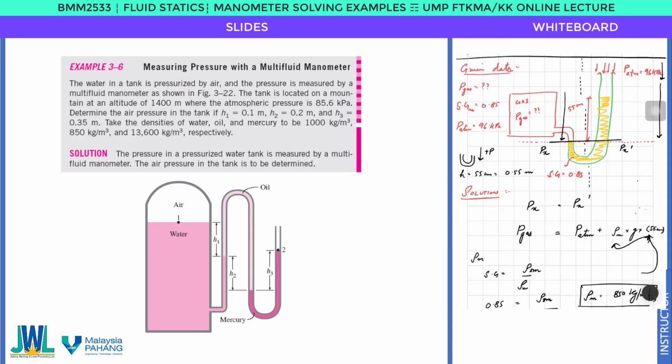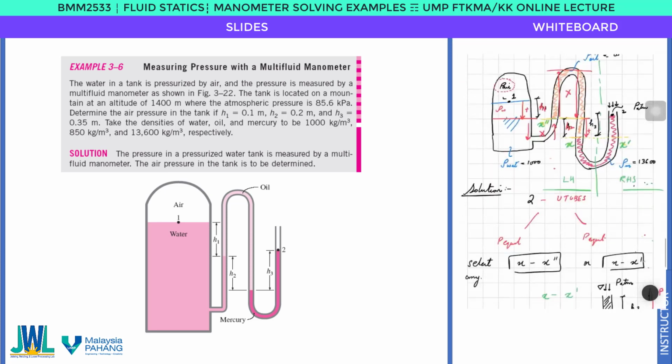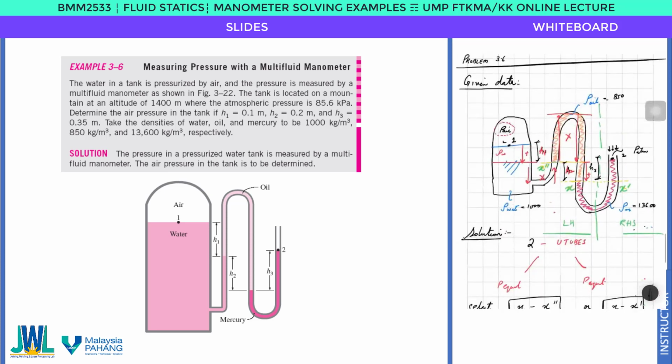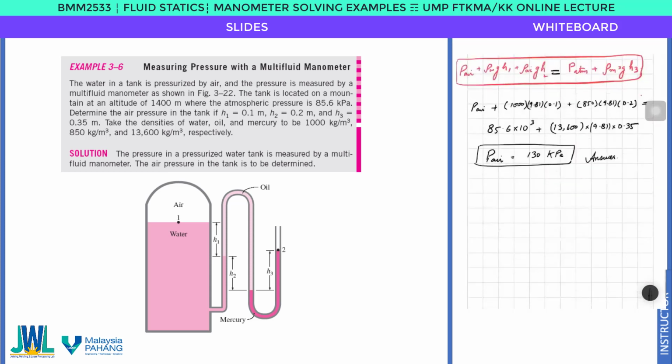Okay, I'm not sure about this one, but the assumption is that the air pressure in the tank is uniform and its variation with elevation is negligible due to its low density. So they have made an assumption here that I want you to explain. We've got this tank, with water inside and air in this region.